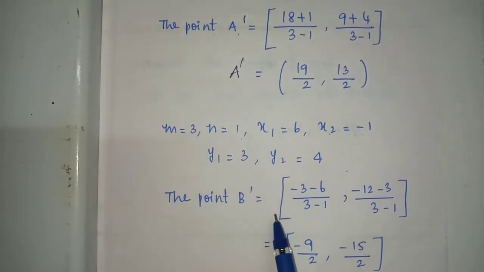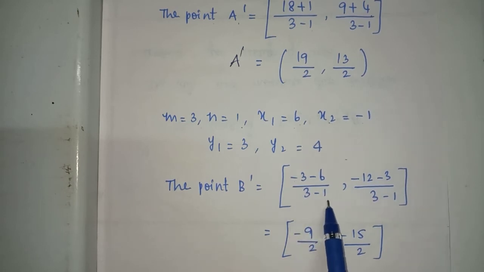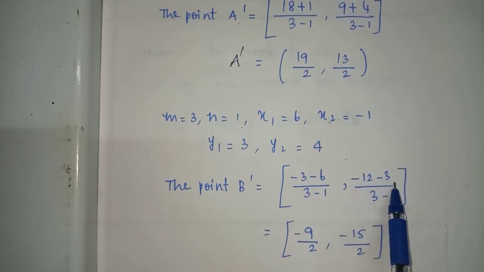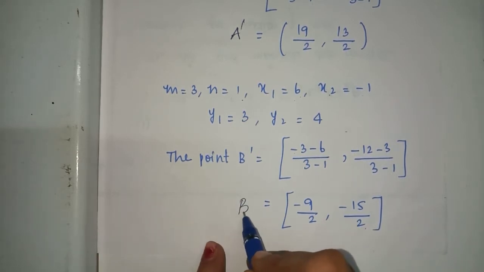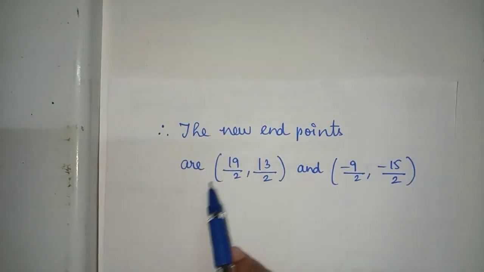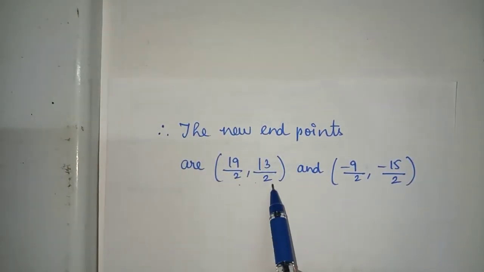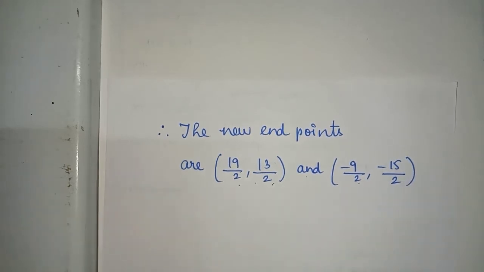So the point B' is equal to (-3 -6) divided by (3 minus 1), comma (-12 -3) divided by (3 minus 1). So which is equal to -9 by 2, comma -15 by 2. So therefore this is the point B'. Therefore the new end points are (19 by 2, 13 by 2) and (-9 by 2, -15 by 2).